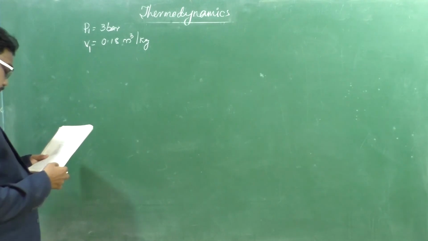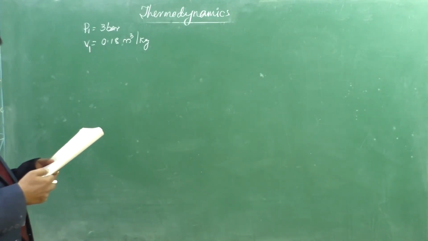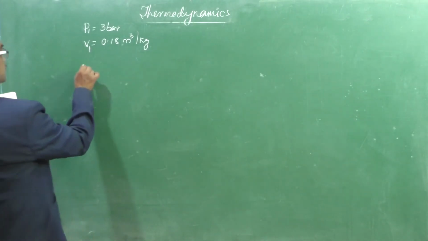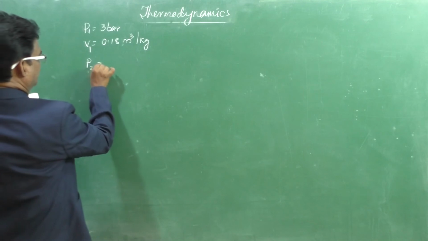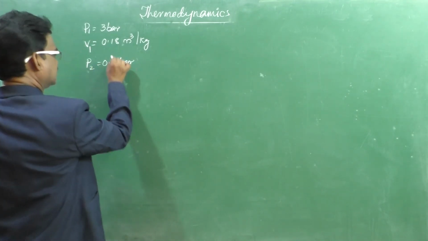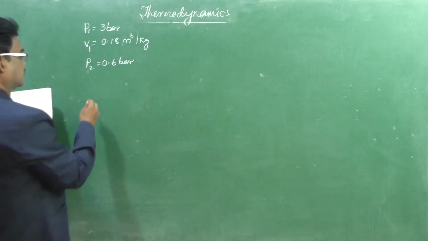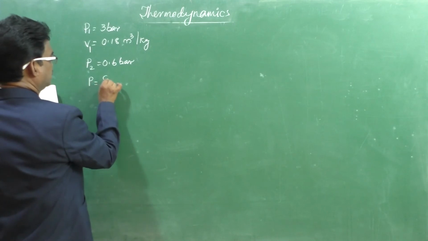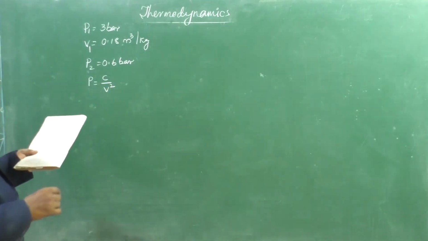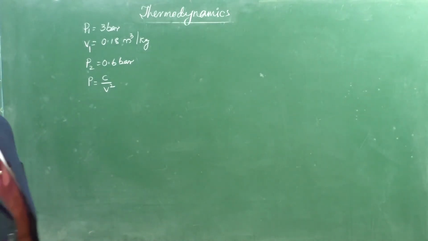Next, content in a cylinder behind the piston expands reversibly to a pressure of, that means P2 equal to 0.6 bar. Due to the expansion, the pressure will decrease. Governing equation for pressure P equal to C by V square, where C is constant. Calculate the work done by the fluid on the piston.